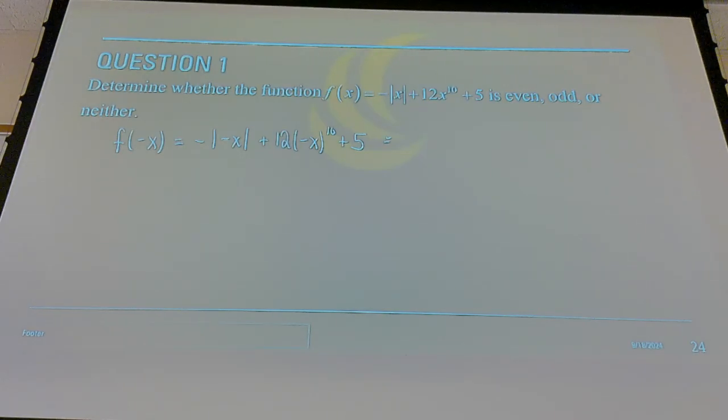Can't say x, we don't know if x is positive or negative, just the absolute value of x. What is negative x raised to the 10th power?